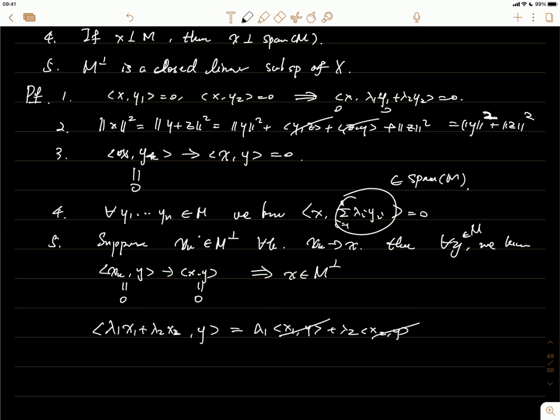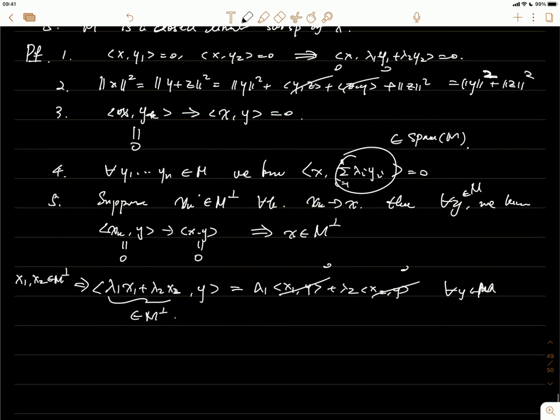Both of them are equal to 0, since x1 and x2 are both in M perp. This is true for any y in M, and that just means that this is also in M perp. Okay, so this is the proof.